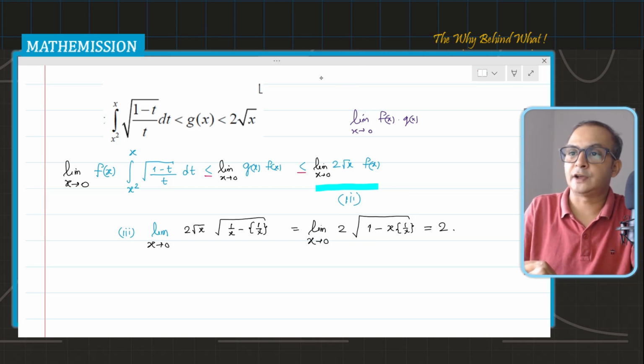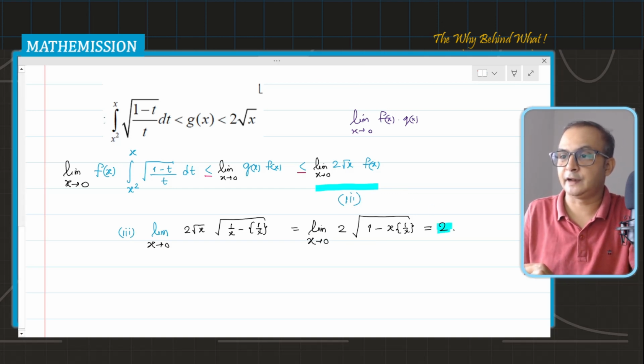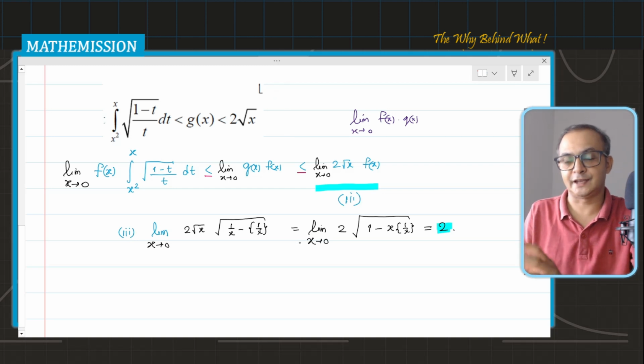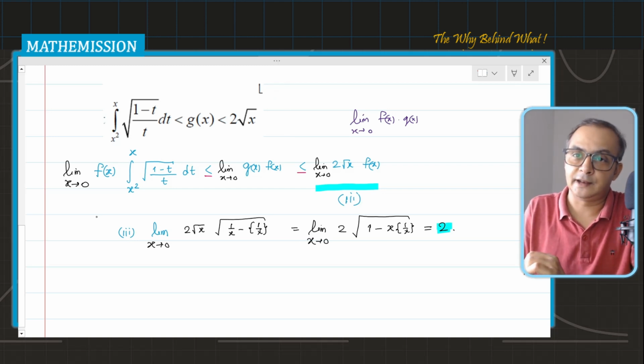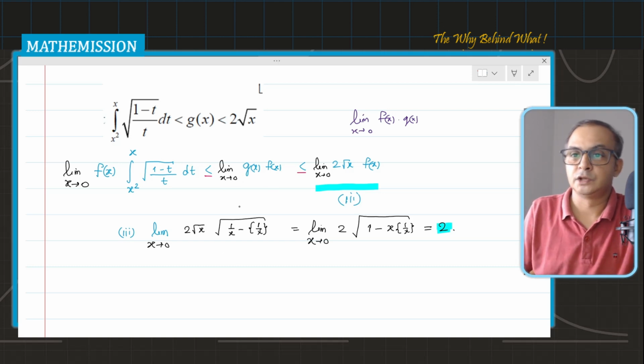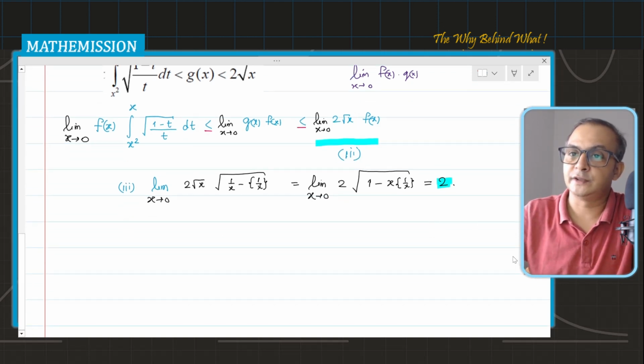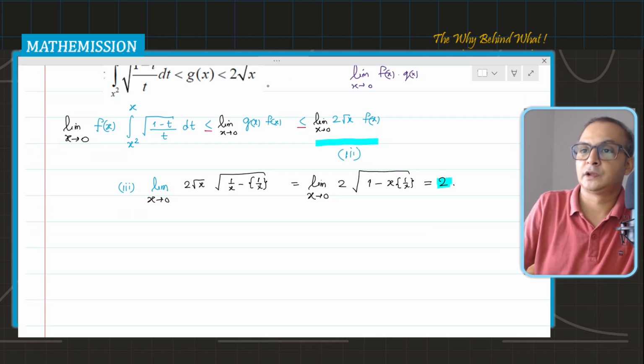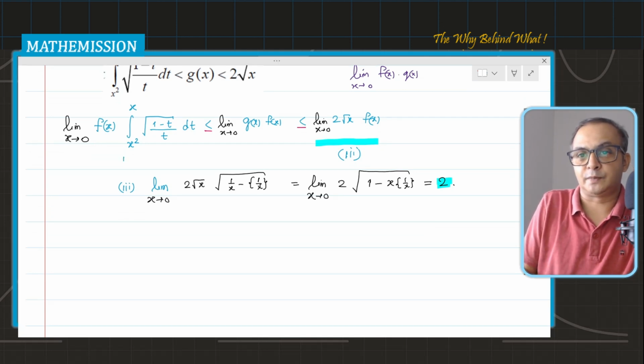So we got this value 2, and we save it, and we have to understand whether the left side of the inequality is providing the same limit or not. If it provides the same limit, therefore the limit as x goes to 0 of g(x) f(x) will be 2. So now I have to deal with this left side, from here to here.